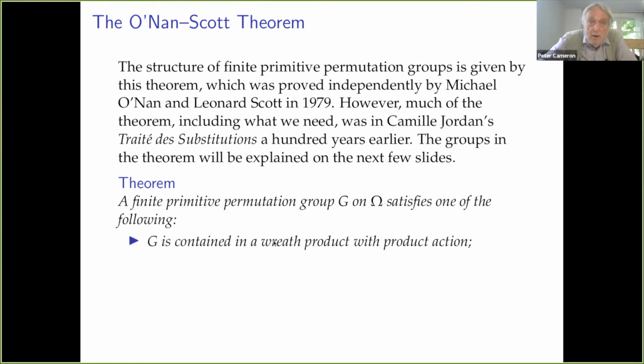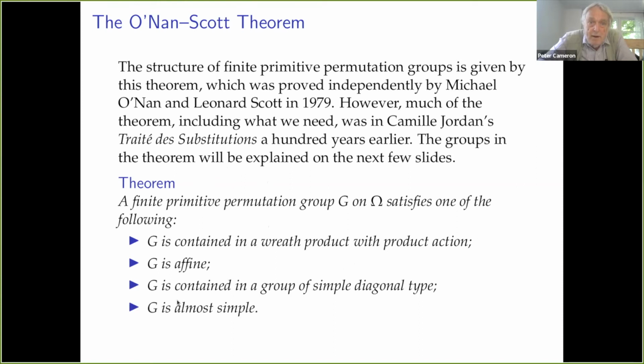First of all, wreath products with the product action, then affine groups, then groups of simple diagonal type, and then almost simple groups. On the next slide, I'll tell you about the first, second, and fourth of these categories. I won't linger on them, but the third is the one where there's been an important breakthrough that I wanted to say a little bit about.